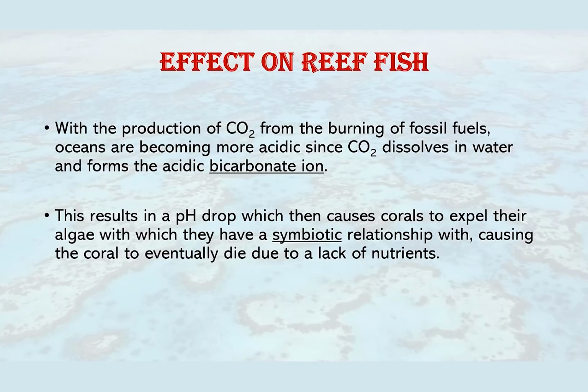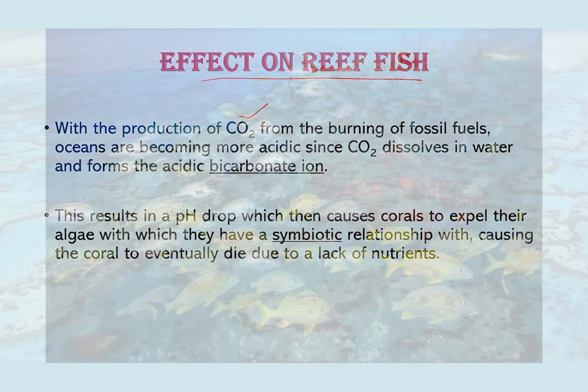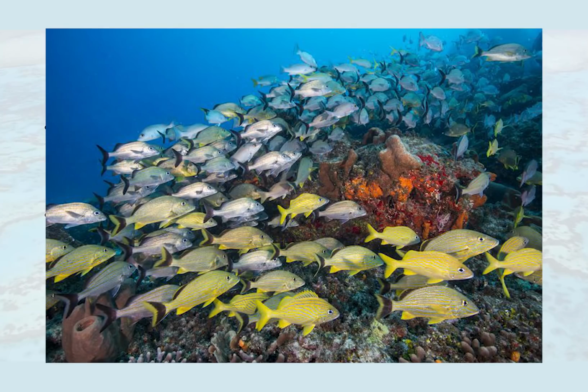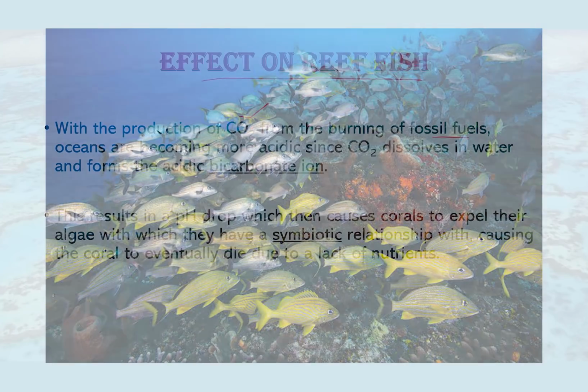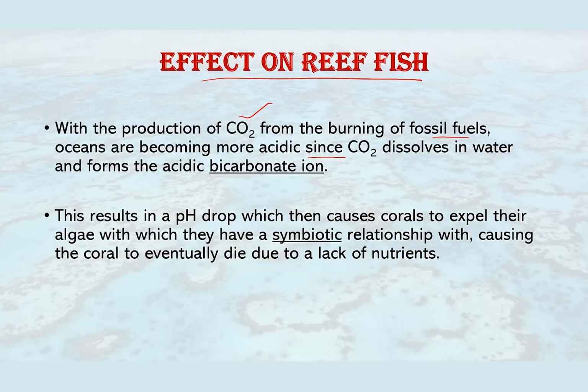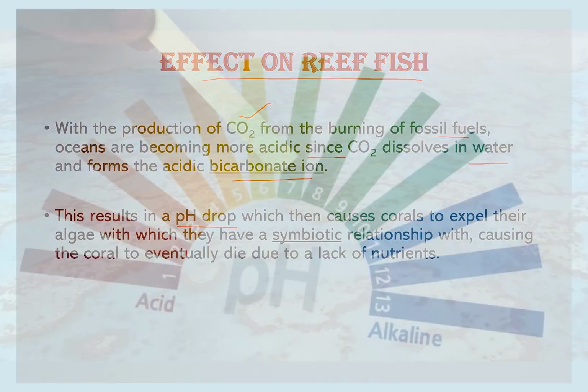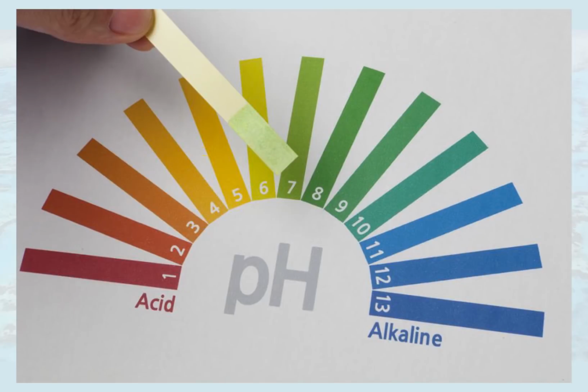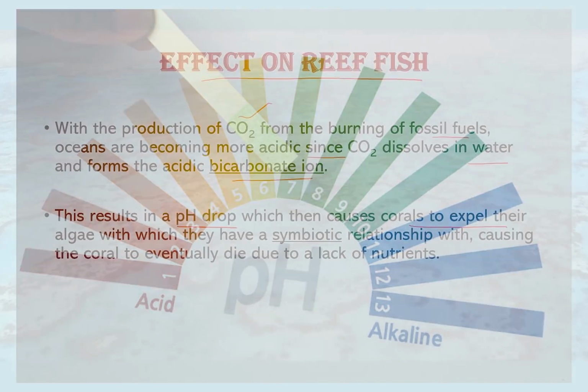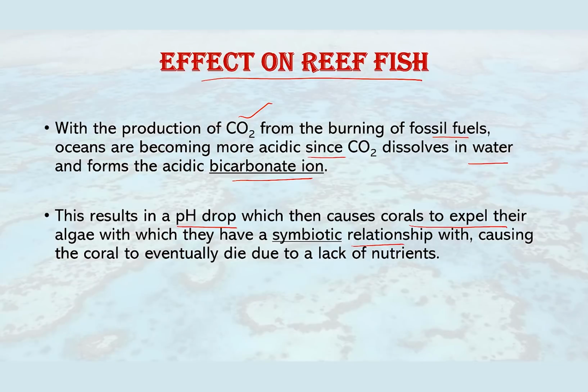Now talking about its effect on reef fish. With the production of carbon dioxide from the burning of fossil fuels, oceans are becoming more acidic since carbon dioxide dissolves in water and forms acidic bicarbonate ion. This results in a pH drop, which then causes corals to expel their algae, with which they have a symbiotic relationship, causing the coral to eventually die due to lack of nutrients.